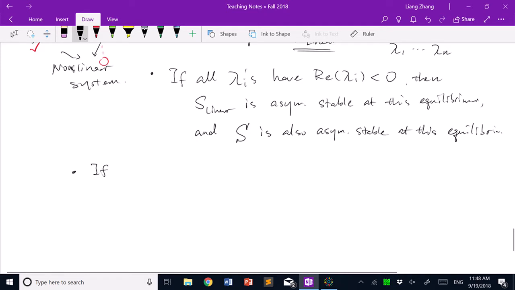If at least one lambda i has positive real part, then as we know, the linearized system is unstable.